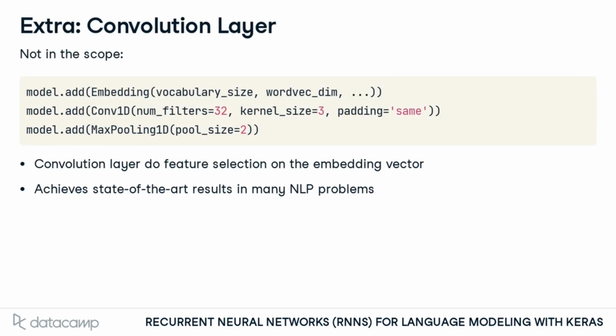Despite not being in the scope of this course, the mix of convolution and max pooling layers with RNN cells has been used recently and achieved state-of-the-art results in NLP problems.